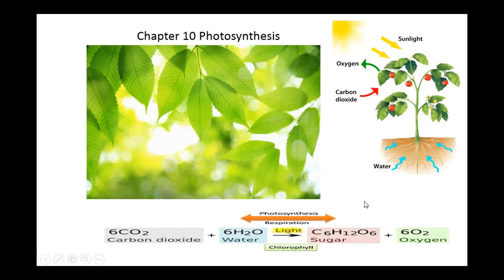This time we're talking about photosynthesis, which is the overarching topic in Chapter 10. Photosynthesis happens in plants mostly, but also happens in some single-cell organisms. For the most part, in this particular discussion, we're going to refer to plants.